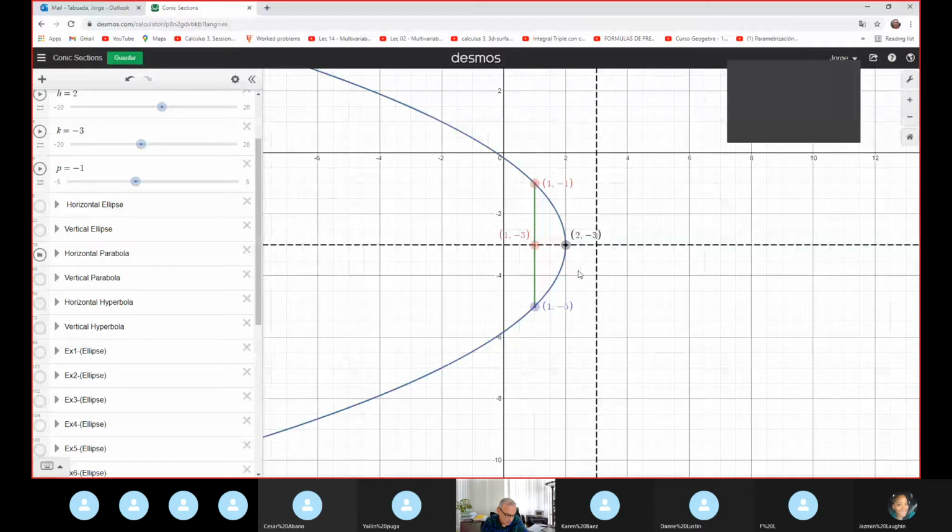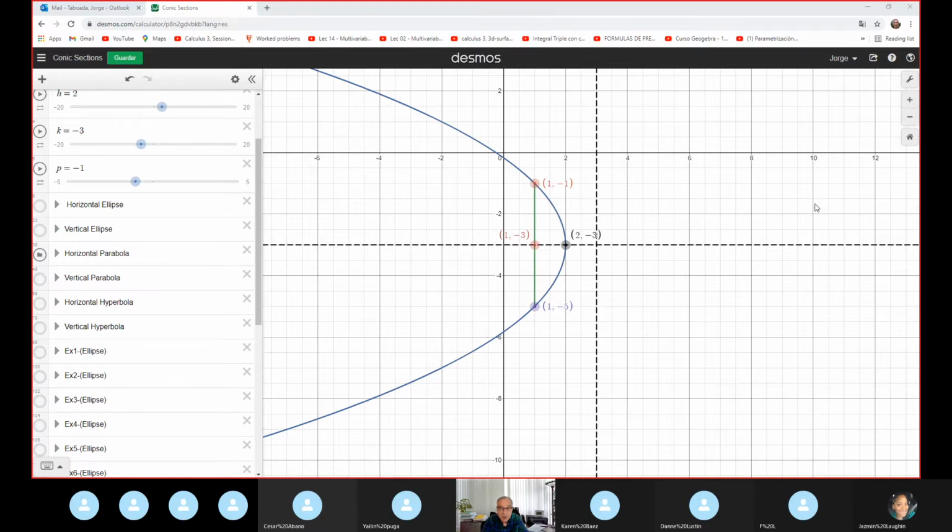Nice. The focus was located at the point (1, negative 3). Nice. The axis of symmetry is the horizontal line passing through y equals negative 2, no? Negative 2. And the directrix is the vertical line x equals 3. Look, this is 2, this is 4, this is 3.